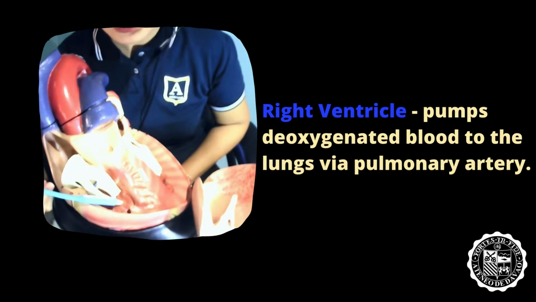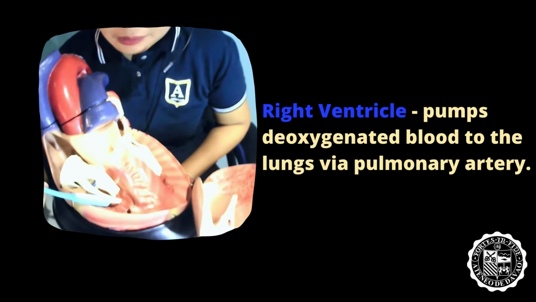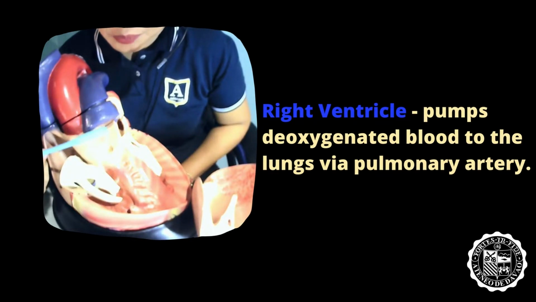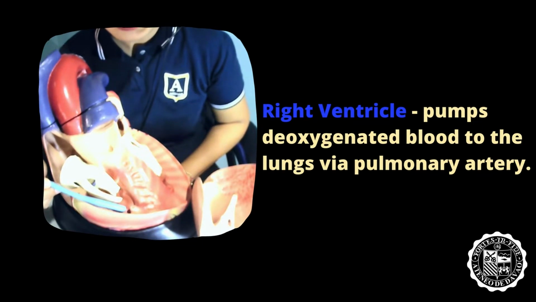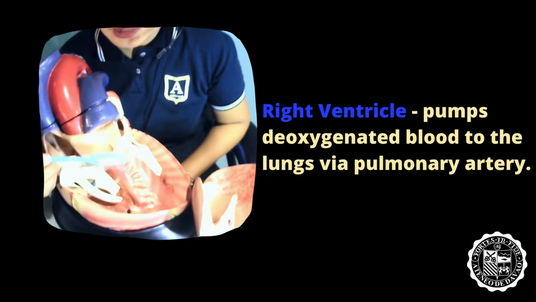Right ventricle. It pumps the deoxygenated blood to the lungs via the pulmonary artery. Here is the pulmonary artery. Again, the right ventricle pumps the deoxygenated or oxygen-poor blood to the lungs via the pulmonary artery.